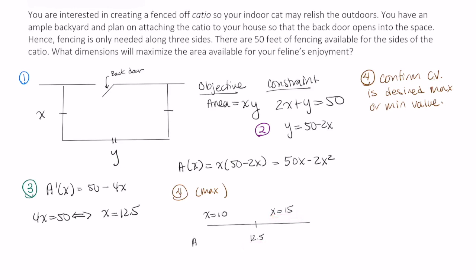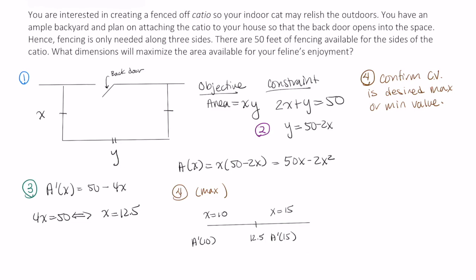And we want to find A prime of 10 and A prime of 15. Namely, we want to see if the derivative, that is the slope of the tangent line of our objective function here at x equals 10, is positive or negative. And we want to do the same thing with the slope of the tangent line at 15 of this objective function. Is it positive or is it negative?